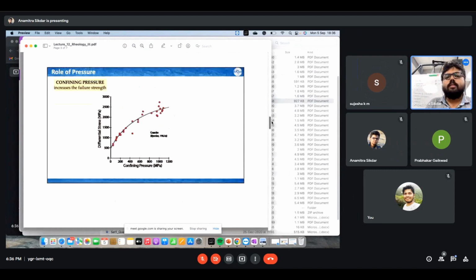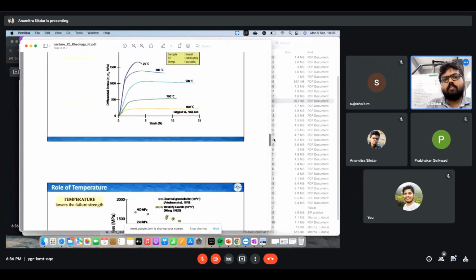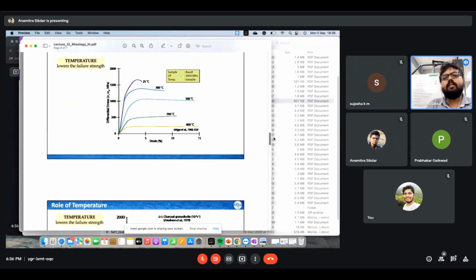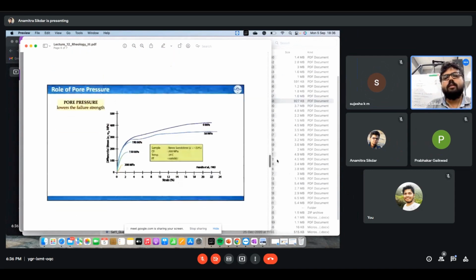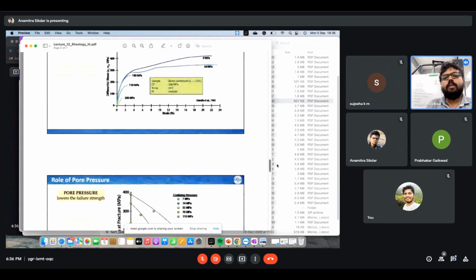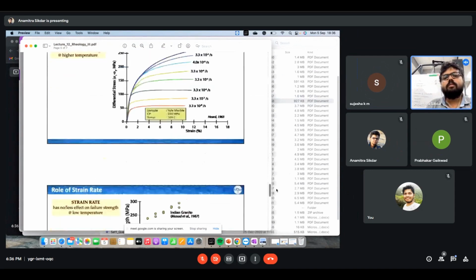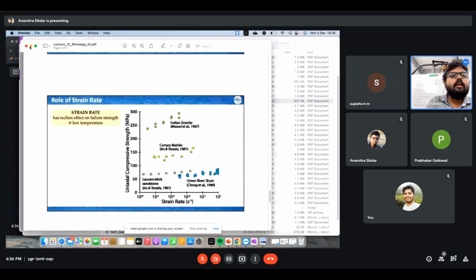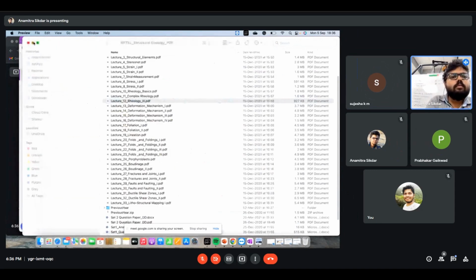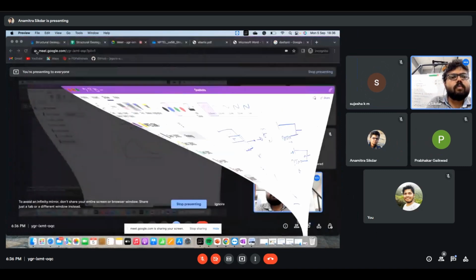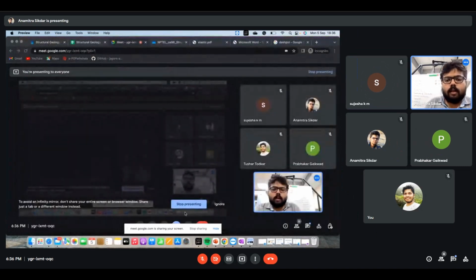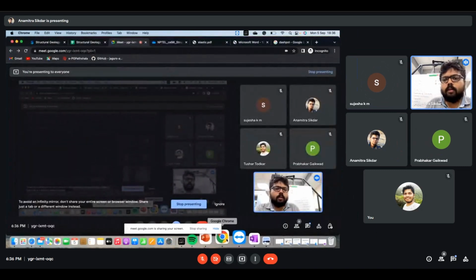With the temperature, if you increase the temperature, you have different responses, and if you increase pore pressure, you have different responses. So these are all from the rheology part.